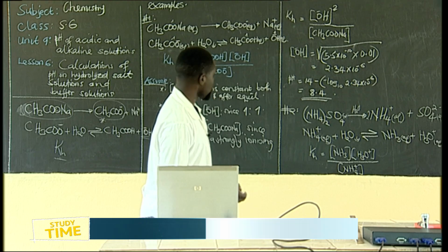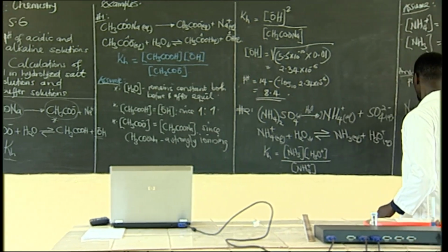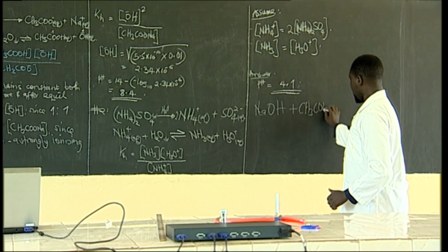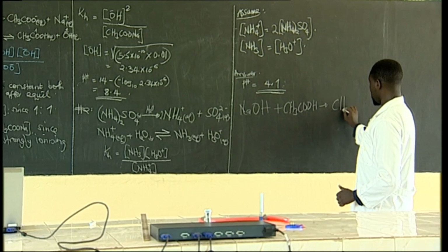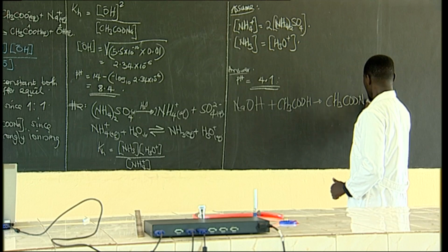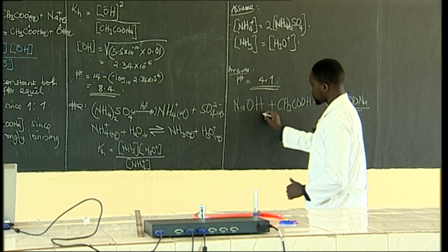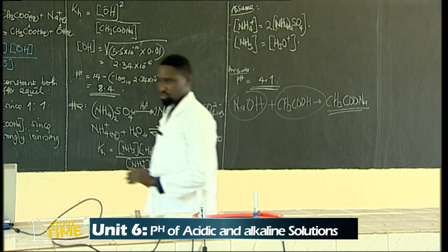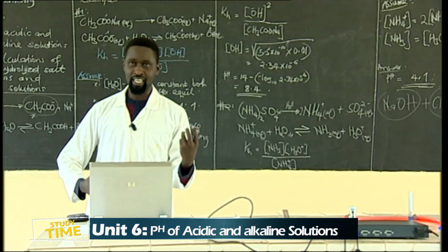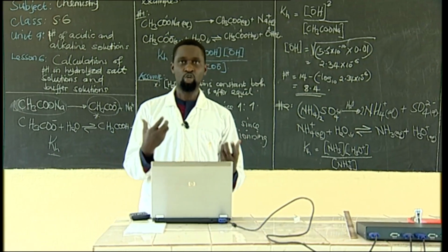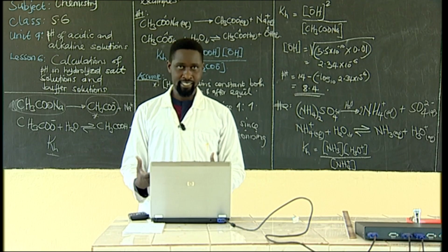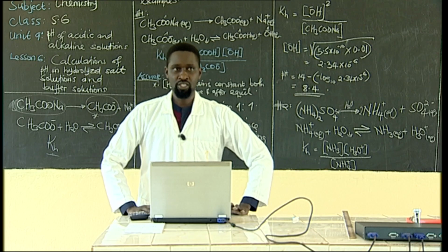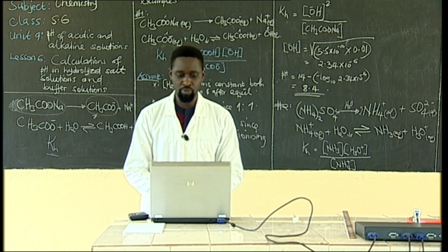So you have sodium hydroxide reacting with ethanoic acid to form sodium ethanoate. This is a salt of a strong base and a weak acid. So that's what we mean: a solution of a weak acid with its salt from a strong base. And there is also carbonic acid with sodium hydrogen carbonate, the same principle.